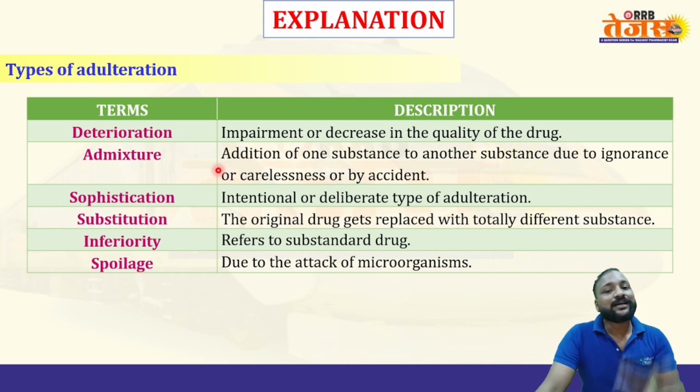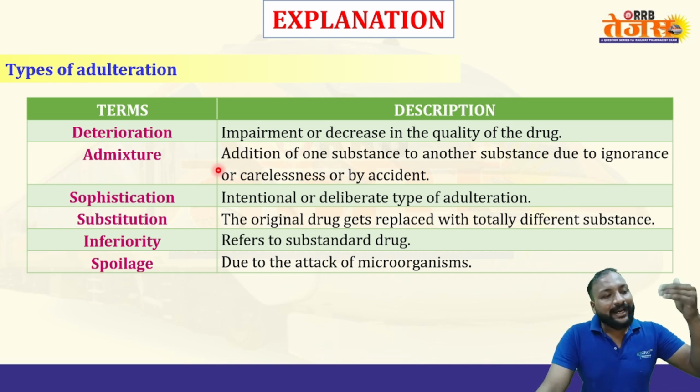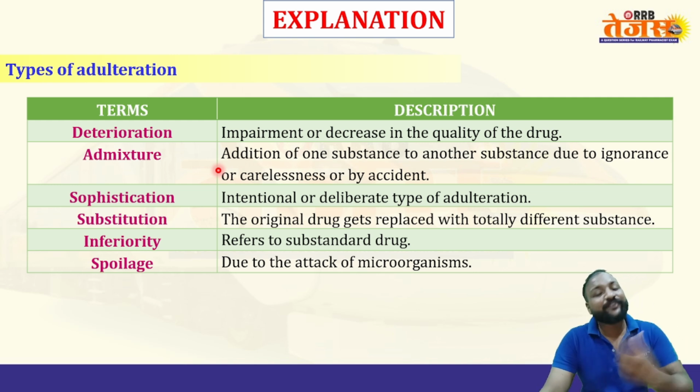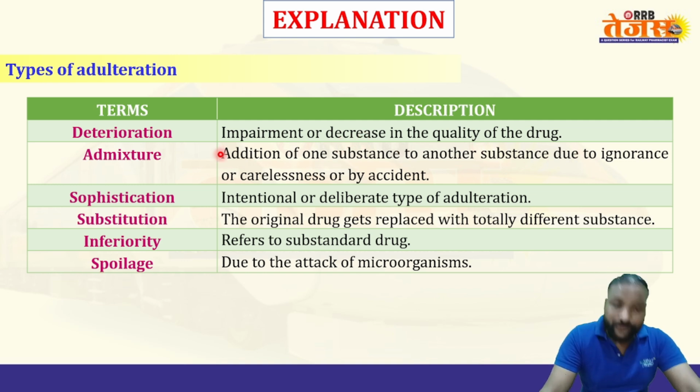Within intentional and unintentional adulterations, there are different conditions. Deterioration is the impairment or decrease in the quality of a drug. Admixture is the addition of one substance to another due to ignorance, carelessness or by accident.